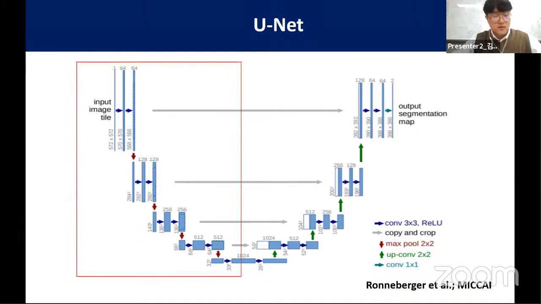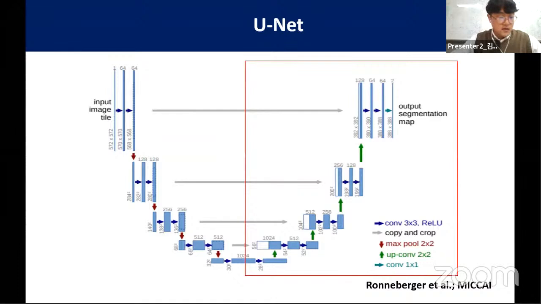In the contracting part, the network is built from repetitive two convolutional layers and max pooling. On the other hand, in the expanding part, repetitive two deconvolution layers are followed, and this network architecture enables using both local and global context information by introducing skip connections.